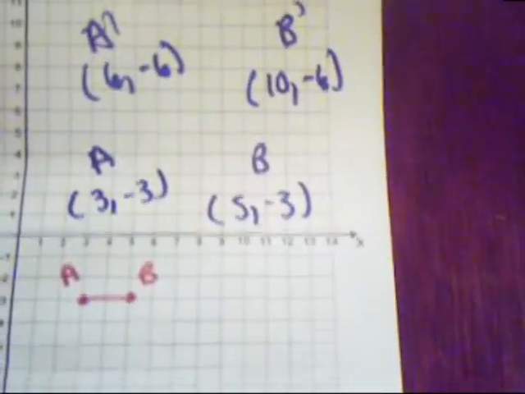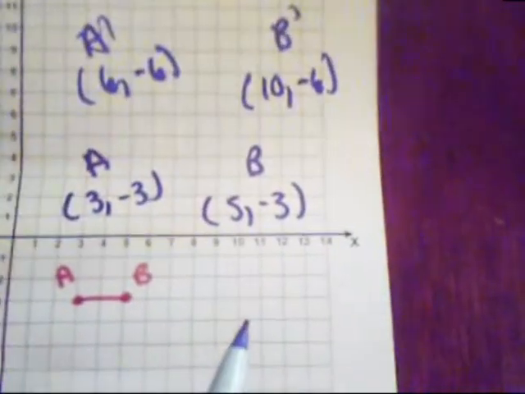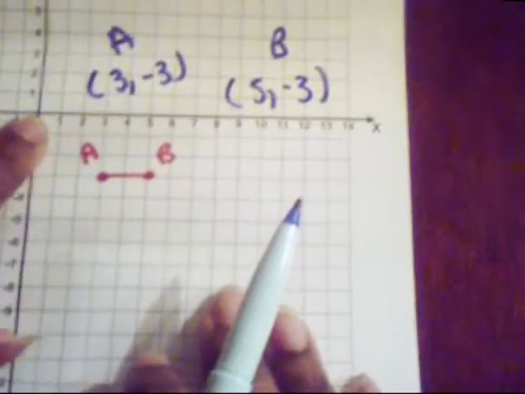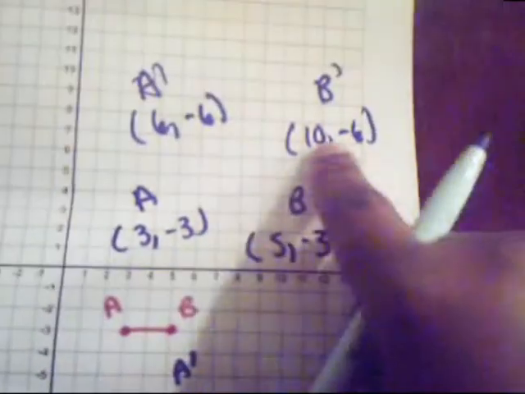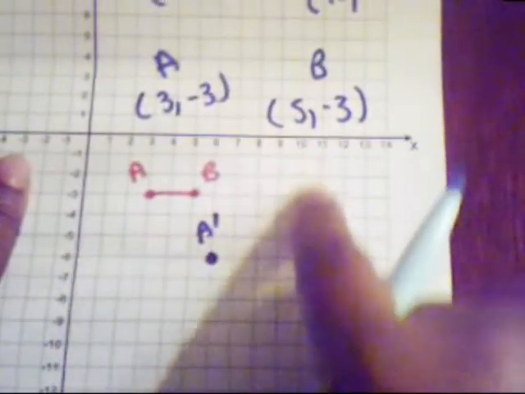Let's graph these coordinates. Let's graph 6, -6. So I'm going to the origin. I go over 6 and then down 6. There's A prime. And B, which used to be 5, -3, is now 10, -6. So I'm going back to the origin, going over 10, and going down 6 to get B prime.